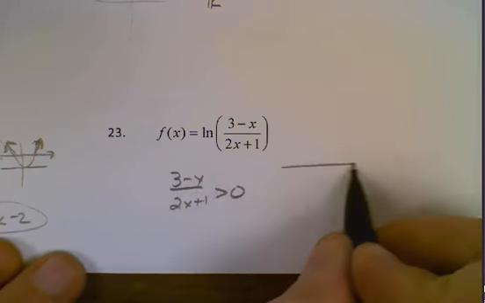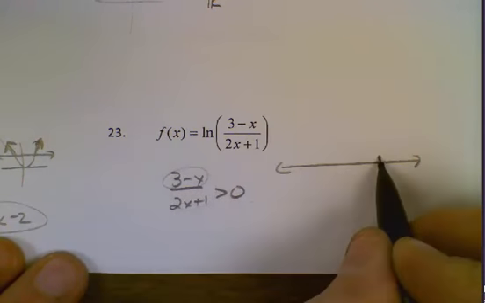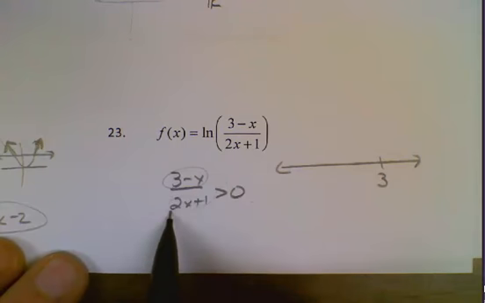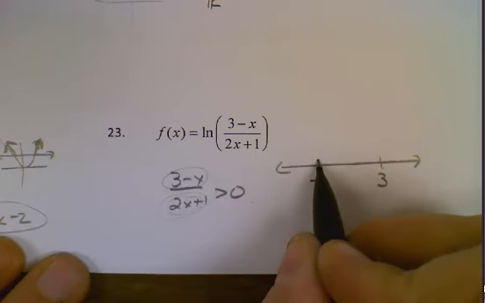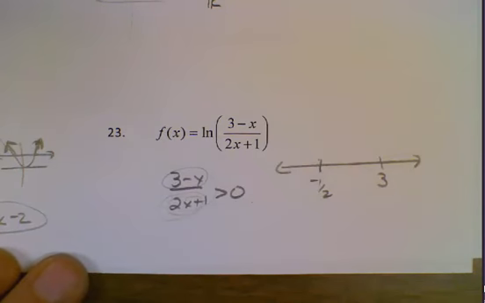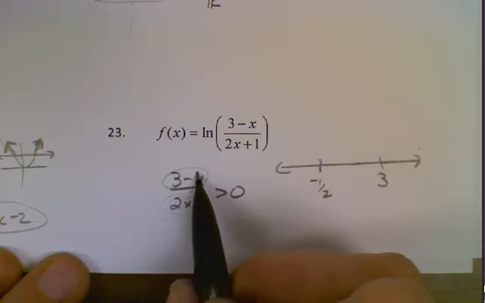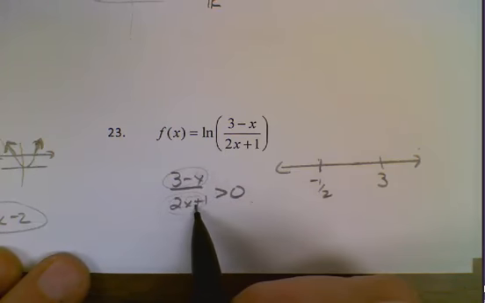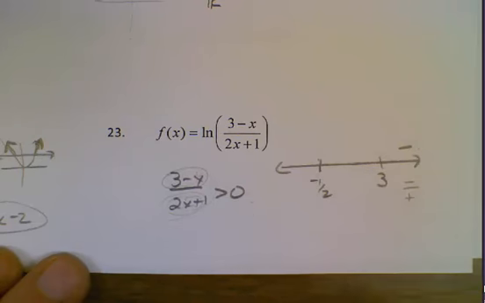Remember, we drew the number line and we said, where does the numerator equal 0? That happens when x is 3. Set this equal to 0. That happens when x is negative 1/2. And then you just have to do the pluses and the minuses. We're looking for the positives. So if I put in 4, 4 would be a negative up here. Here I get a positive, so a negative over a positive would be a negative.